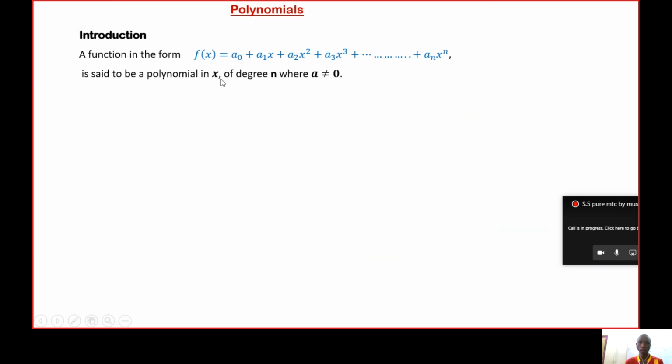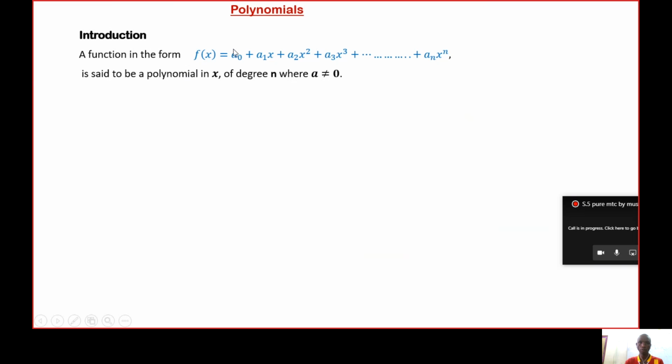Therefore, we are saying it is a polynomial in x of degree n. Degree is simply the highest power of x in that function.